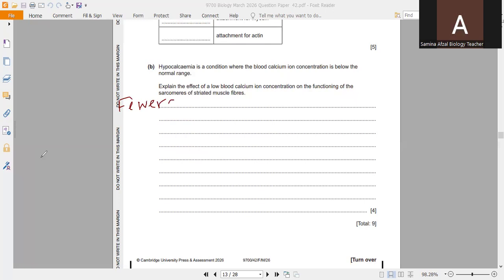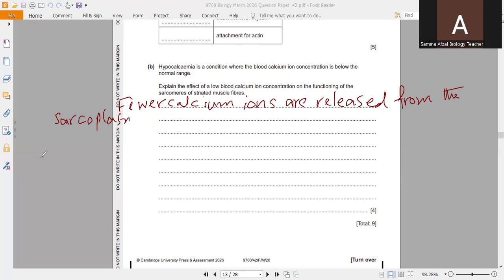Here, fewer calcium ions are released from the sarcoplasmic reticulum into the sarcoplasm.